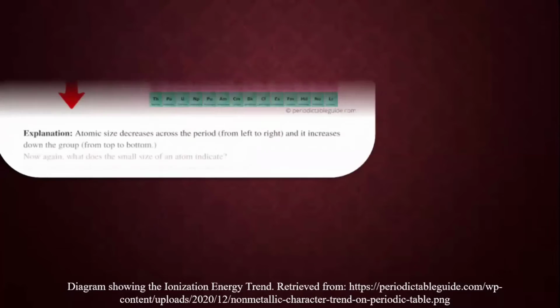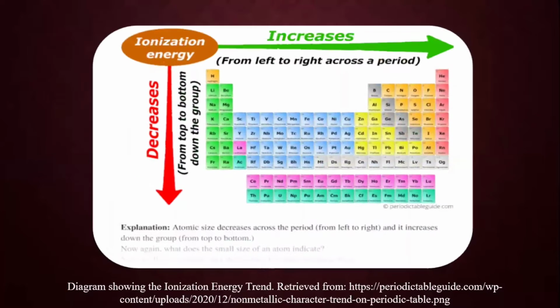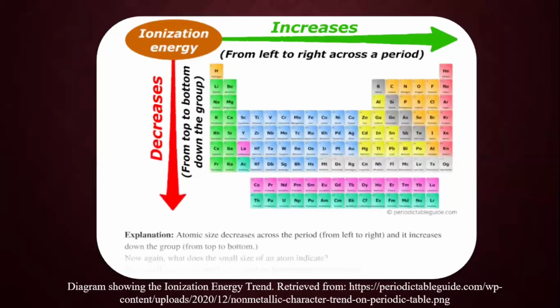The general trend is for ionization energy to increase moving from left to right across the element period. Moving from left to right across the period, the atomic radius decreases, so electrons are more attracted to the closer nucleus.